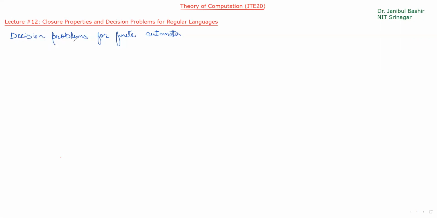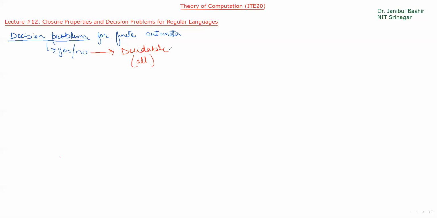So as I said, the decision problems are those problems for which we can answer yes or no. And in case of regular language, or we can say in case of finite automata, almost all decision problems are decidable. Why? Sorry, we won't discuss this here. We will be discussing it when we discuss decidable and undecidable in detail.